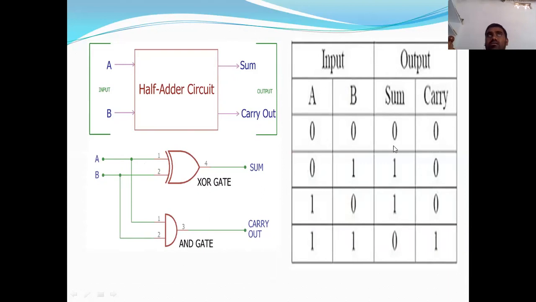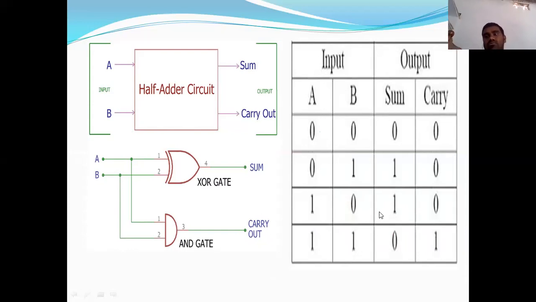So let's check the truth table for the half adder. In the truth table, we have the two inputs. The number of possible input cases is four. Those are 0 0, 0 1, 1 0, 1 1.